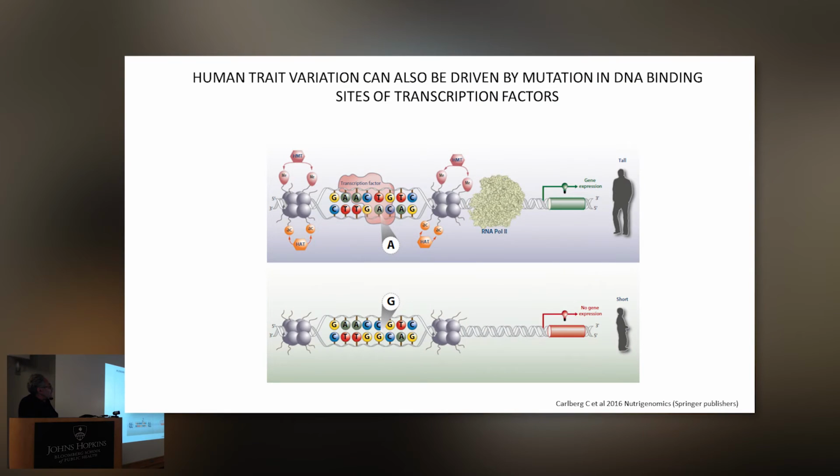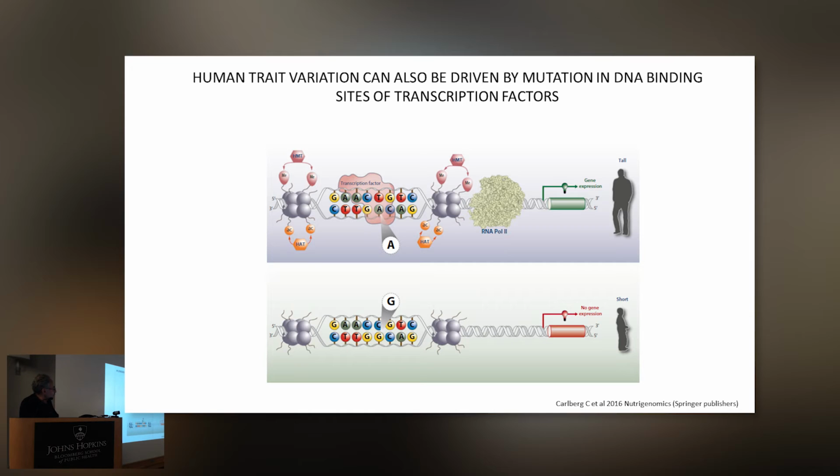Another way that genetics can impact the way nutrition controls or modifies gene expression is by mutations that we might inherit that affect the ability of the transcription factor to bind on the relevant sequence.